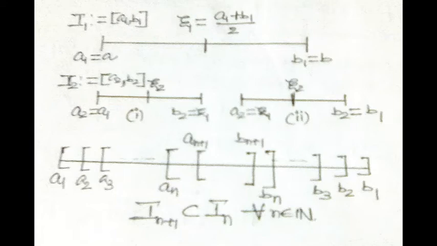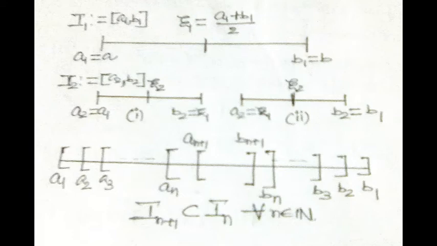A1B1 is nothing but the original interval AB, so I have marked those points, A1 as A and B1 as B. According to the bisection method, first I will compute the midpoint, which I have named xi1. So xi1 is precisely (a1 plus b1) by 2, that is the midpoint.